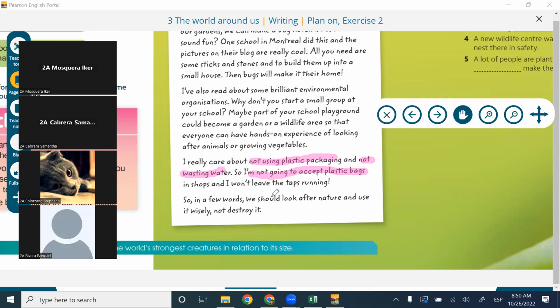Okay, that's good. And I won't leave the taps running. Okay, that's very good. The taps running. In this case, what are the taps? The faucets of the water in the restaurant. The taps running, open taps. Okay, continue.